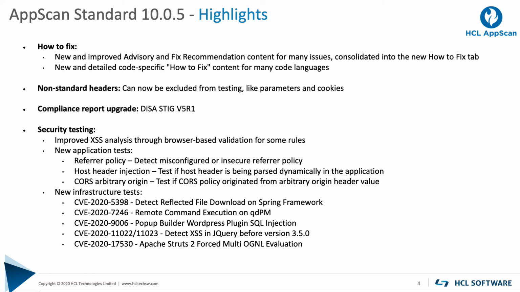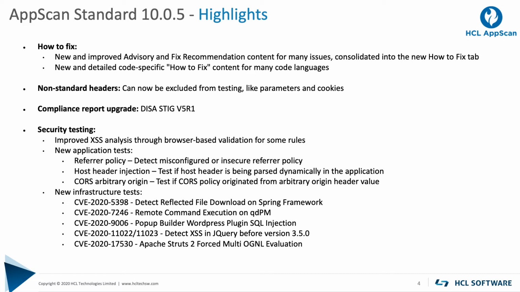Okay, so for AppScan Standard, the first item, similar to what Florin mentioned, is the new how to fix content. This is content that is targeted for developers that will help them to get accurate data and will help them to fix the security issues.